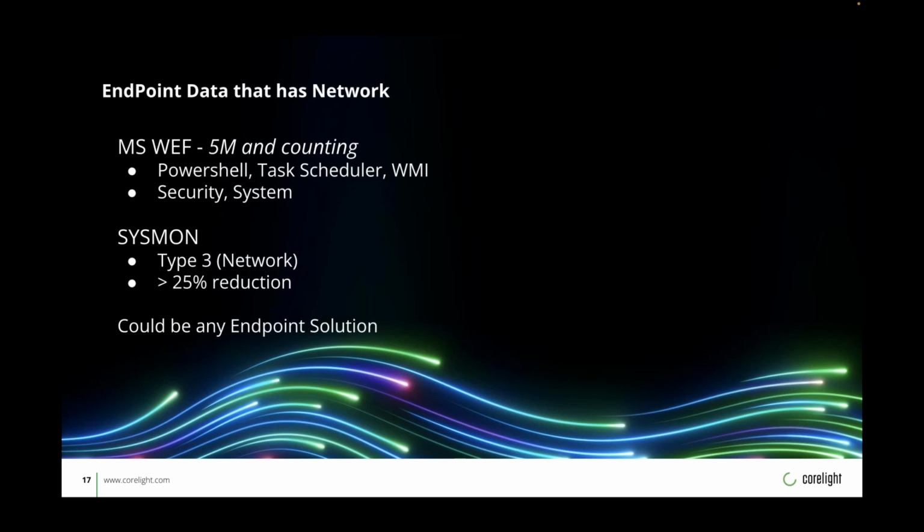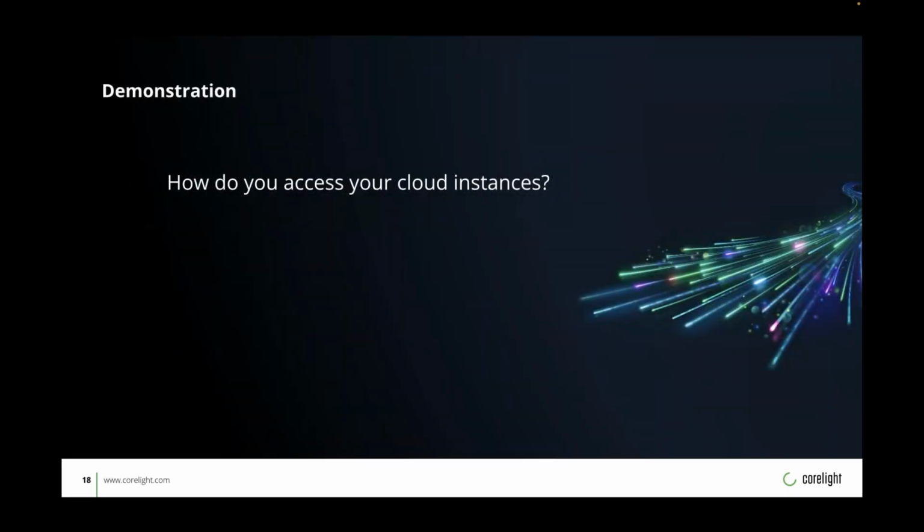But again, just to reiterate, this could be any endpoint solution. Cribl will take those feeds from CrowdStrike, SentinelOne, Windows Defender for Endpoint, if we're going to be correct. So all of that was going into the demonstration system and allowing us to do this ongoing analysis.